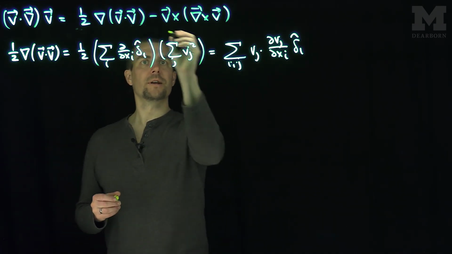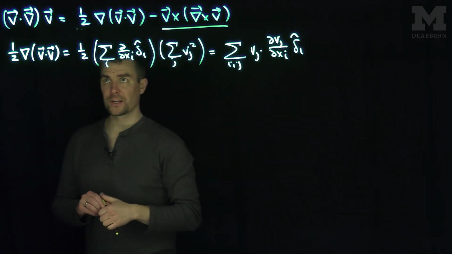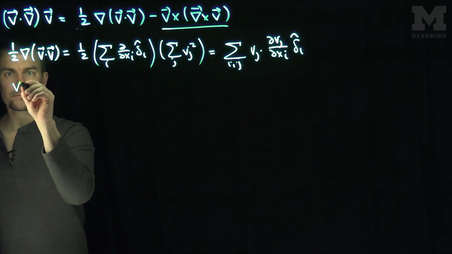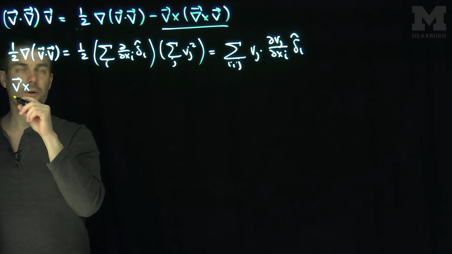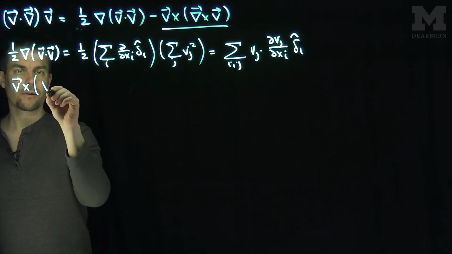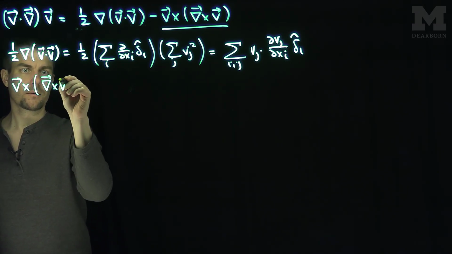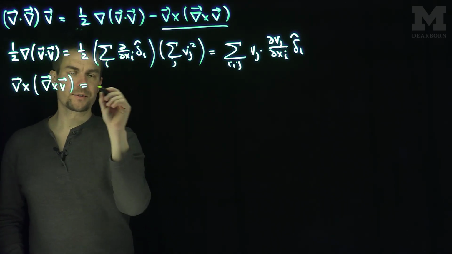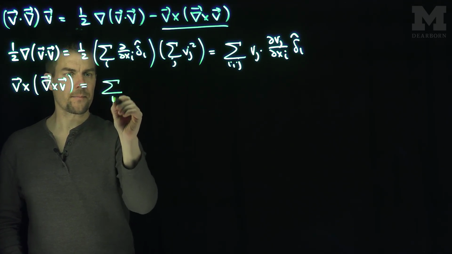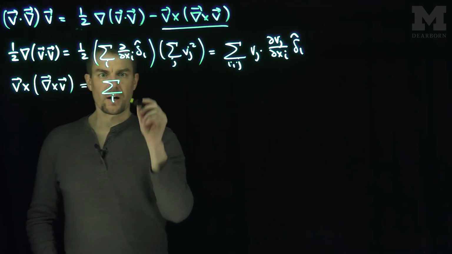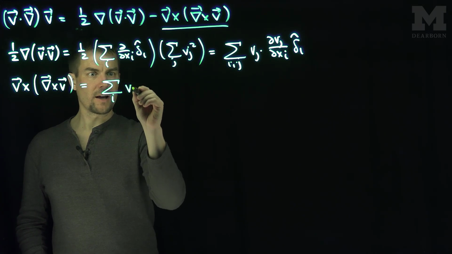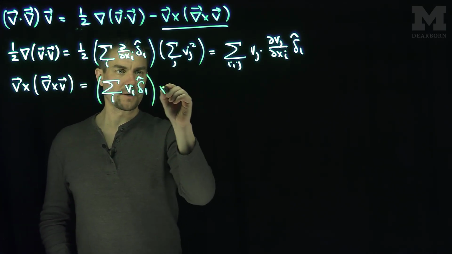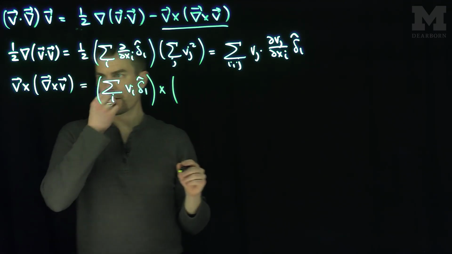Now we want to carefully examine this other term and see what we get. So we're going to have v crossed with the curl of v. Let's remember what the curl of v is. v is the sum over i of vi i hat, and we cross this with the curl of v.